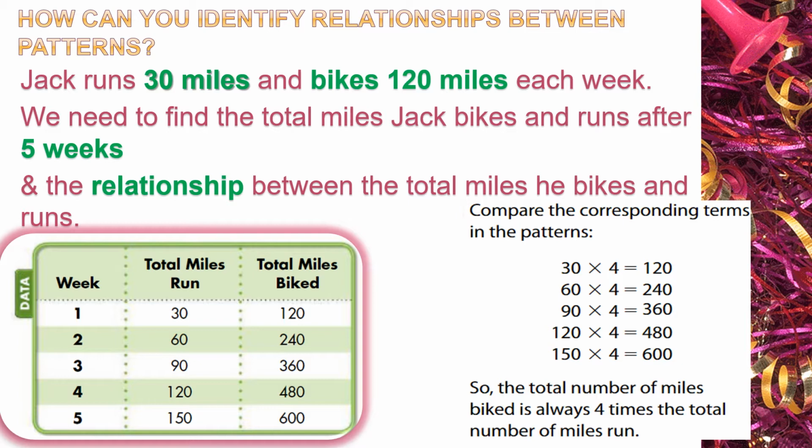Means the relationship between runs and bikes is 4 times. So here we can say the total number of miles he biked is 4 times the total number of miles he ran.